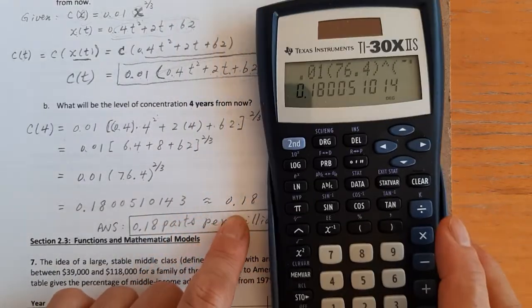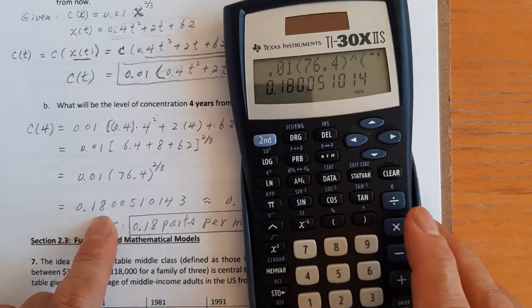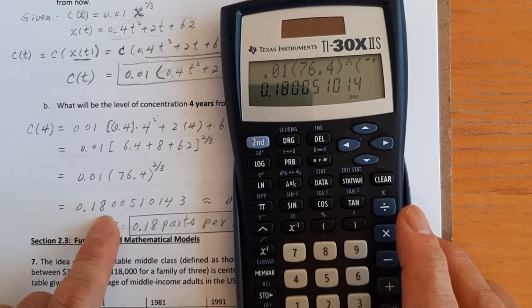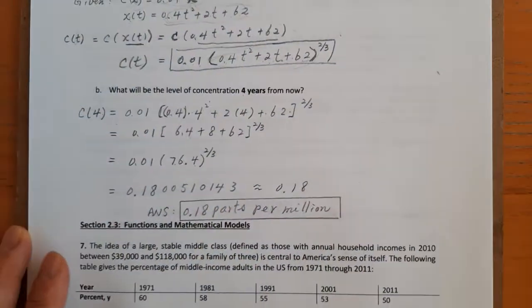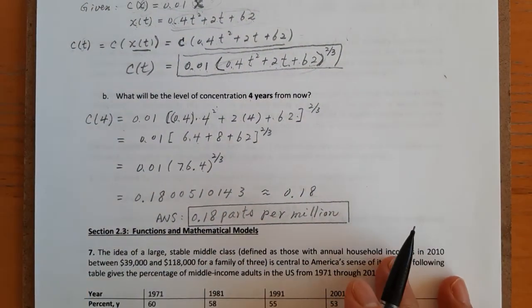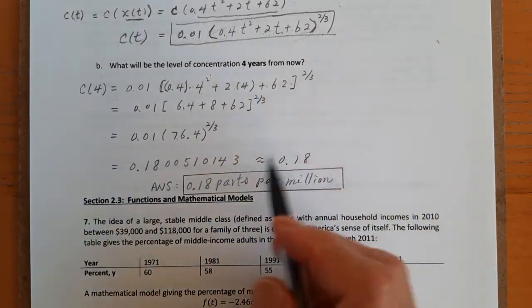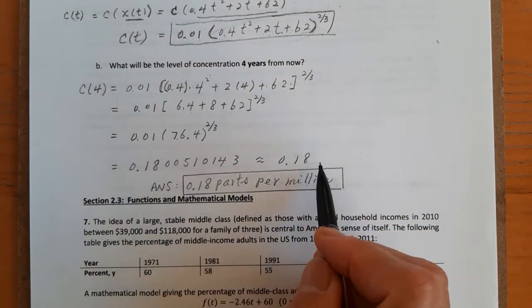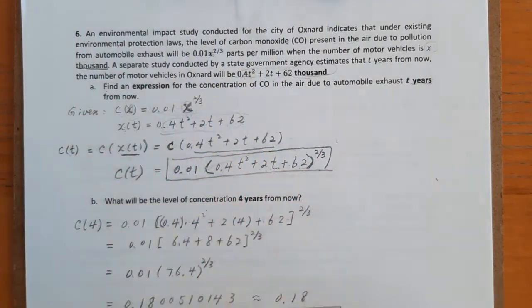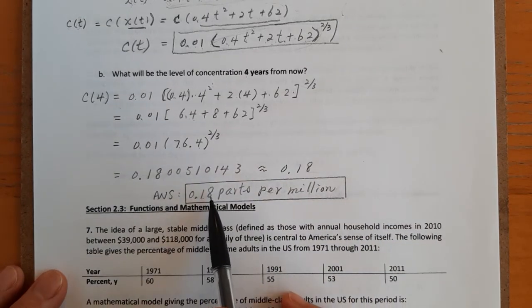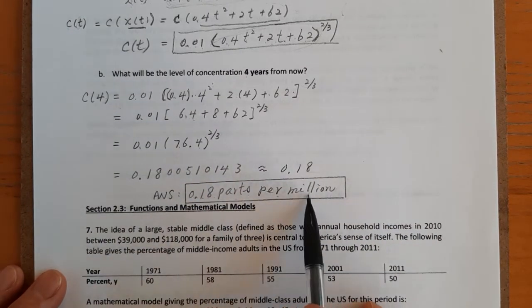We get 0.18005. Rounded to 2 decimal digits, it is 0.18, and the units are parts per million. So the answer is 0.18 parts per million.